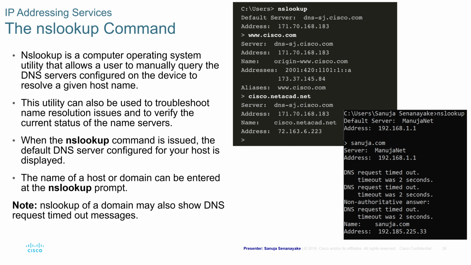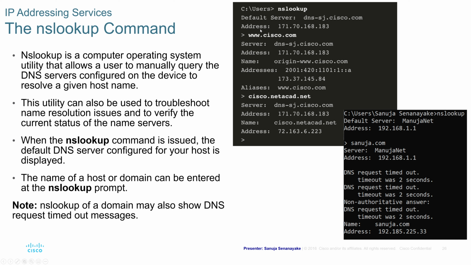So if you look at the top right hand side, in this example, they use NSLOOKUP to look for dns-sj.cisco.com, and it will give you that NSLOOKUP DNS server information.